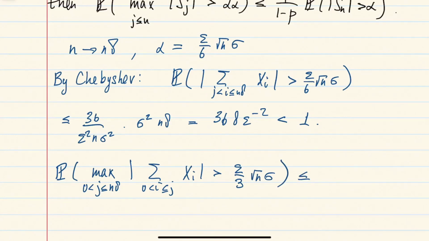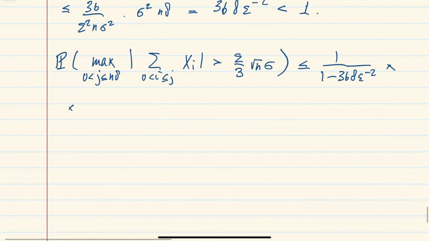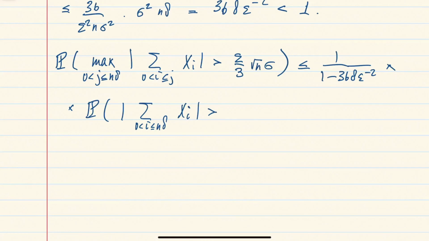By Kolmogorov's inequality, this will be bounded by 1 over 1 minus p, so 36 delta divided by epsilon squared, times the probability that the final sum up to n delta exceeds alpha, so epsilon over 6 square root of n sigma.